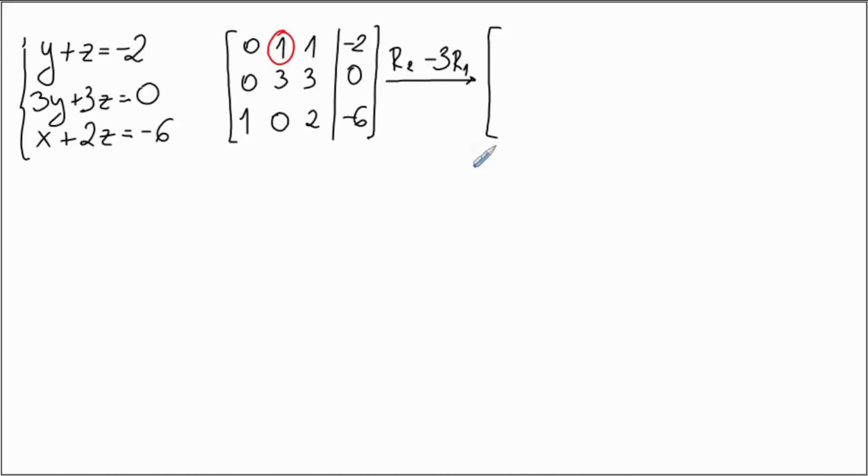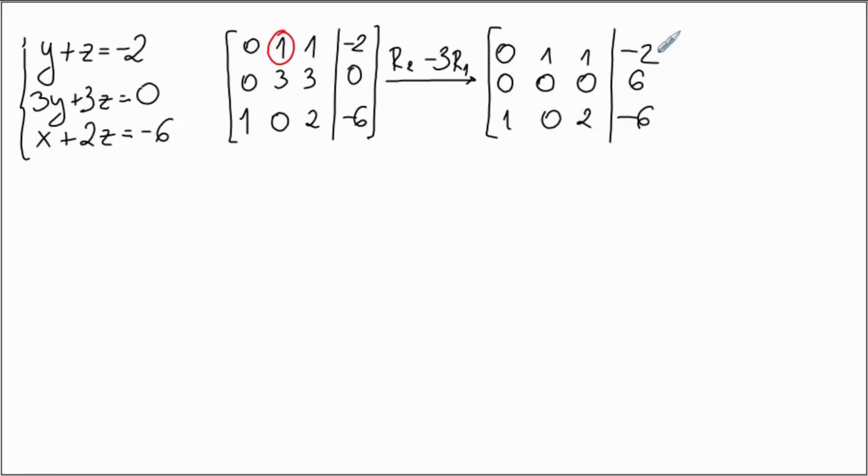The first row won't change. The second row will change, the third row won't. So here we have 0, 0, 0, and 0 plus 6, which is a 6, and the third row unchanged.